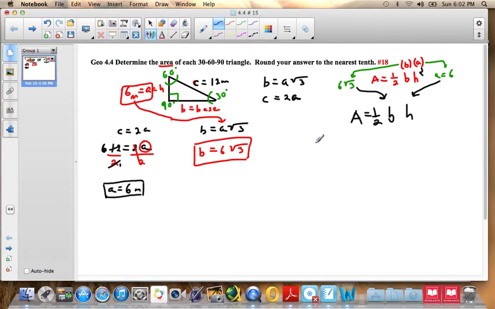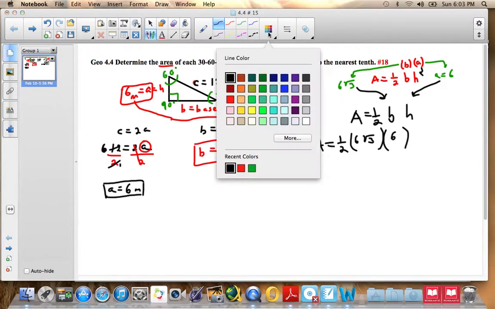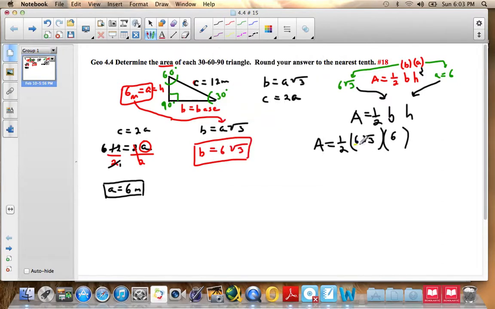So when I rewrite this now, I'm going to have A equals 1/2 times B, which is 6 square root of 3. And this is multiplication. And then H, which is equivalent to A, which is equivalent to 6. Now remember what I've said over and over, that you can take any number and make it a fraction. All you have to do is put it over 1.